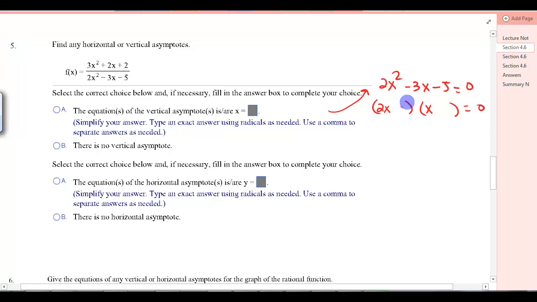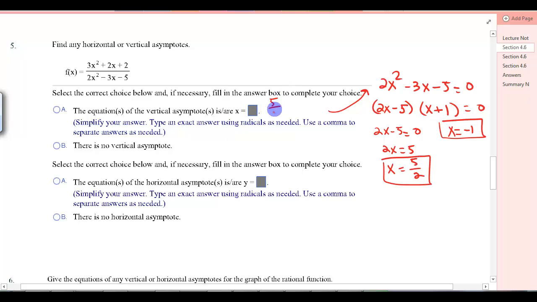We're trying to get 3 in the middle. So let's try a minus 5 and a plus 1. Then we have 2x minus 5 equals 0, 2x equals 5, x equals 5 halves. That's one of ours. And then x equals -1. So in this box, you'll have 5 halves, comma, -1.